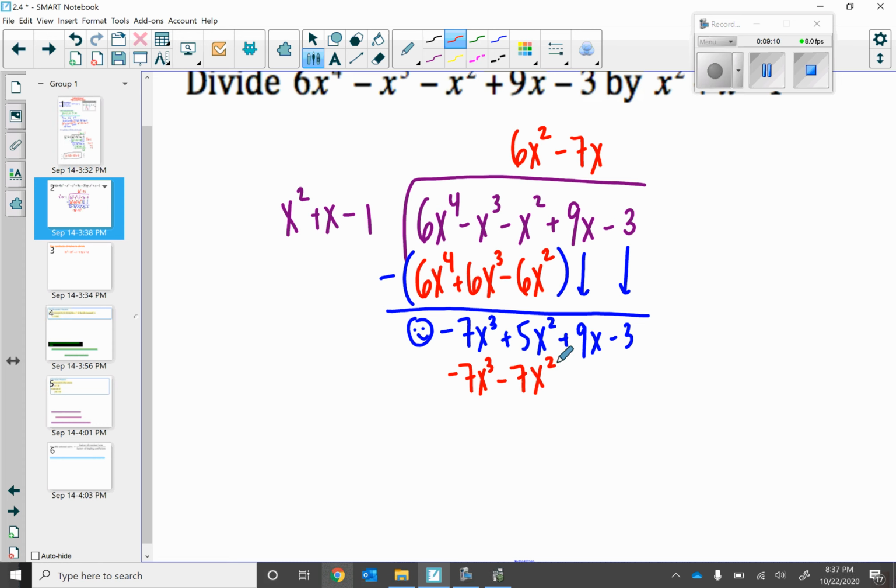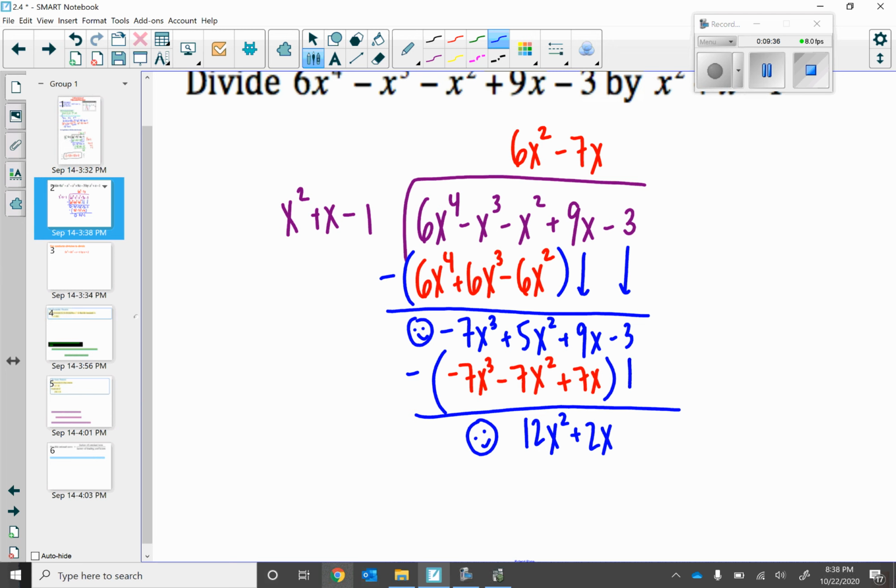Negative 7 times a negative 1 is a positive 7x, and we subtract. So this first term cancels out because we made it do that. Then we have 5 minus a negative 7, or 5 plus 7. We would get 12x squared. Then I have 9 minus 7. I get a 2x, and I drag down that 3.